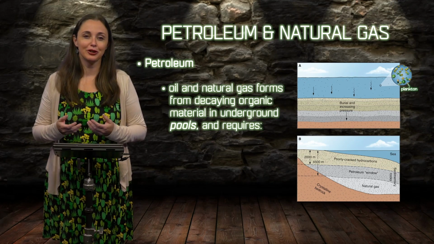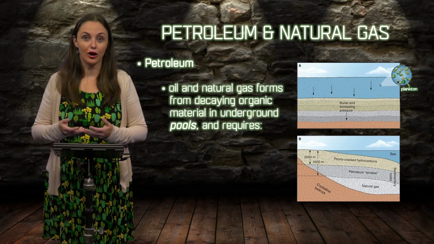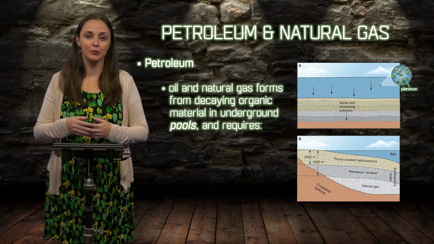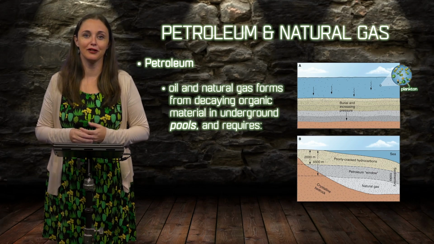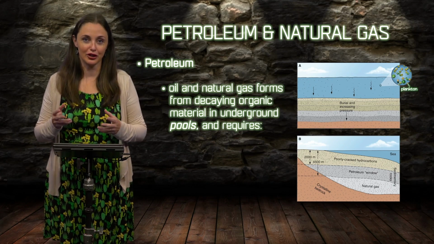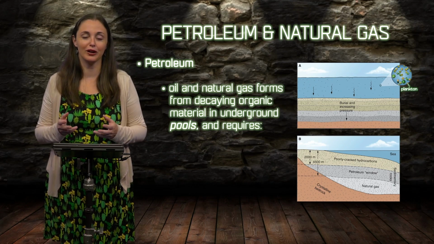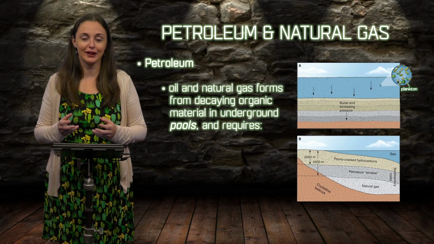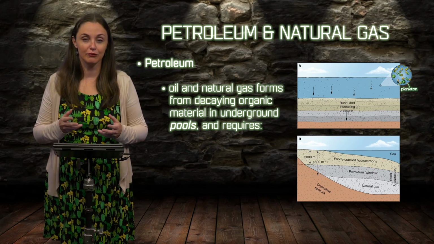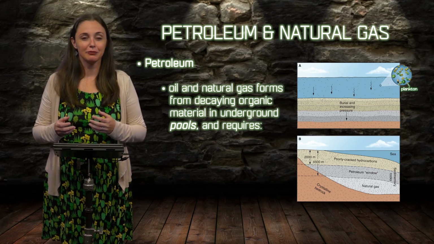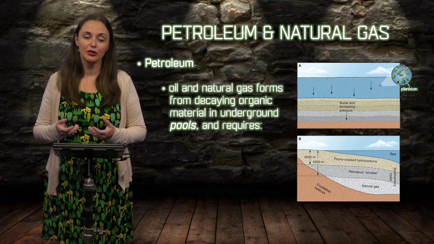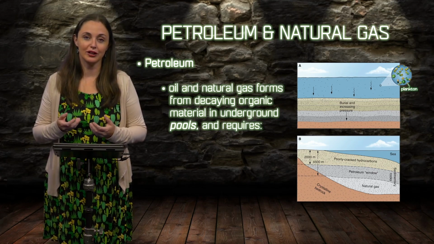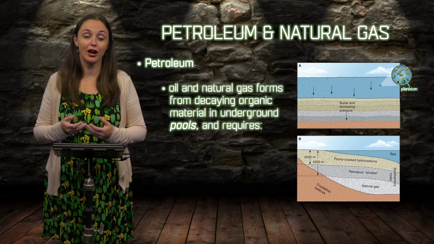Now, typically we think of fossils as large organisms, things that leave behind big imprints. So you think of a brontosaurus in your gas tank when you're thinking about where the gasoline that fuels your car actually came from. But that's not completely correct, because most of the stuff that's really going to form oil and natural gas is going to be microscopic organisms.